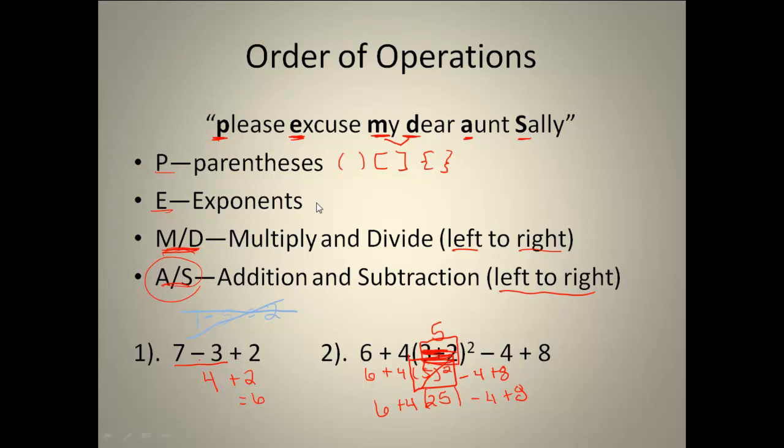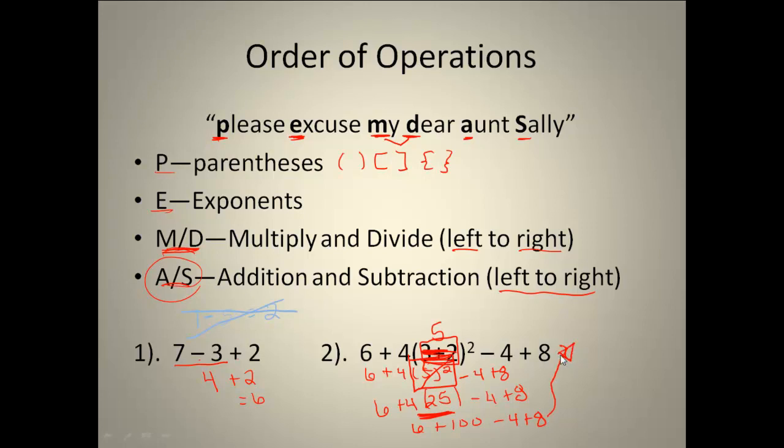There aren't any more exponents, so now I go into multiplication and division. Here I have a little multiplication problem. So I'm going to do that before I do any addition or subtraction. And 4 times 25 is 100. So I'm now left with 6 plus 100 minus 4 plus 8.